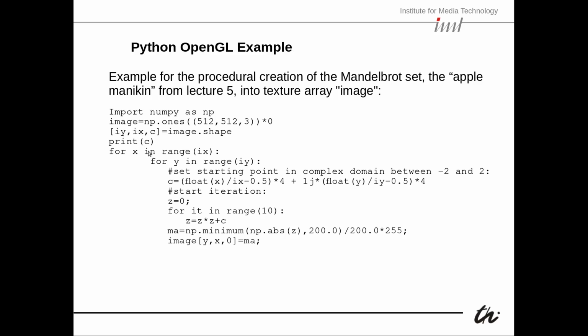So these are the index ranges, and here you can see I have 2 for loops, one for each dimension. Here for the x dimension, here for the y dimension. And then I'm doing another for loop for the iteration for the Mandelbrot set. With this for loop just going over 10 iterations, which is not very much, I can detect how fast it is diverging or converging.